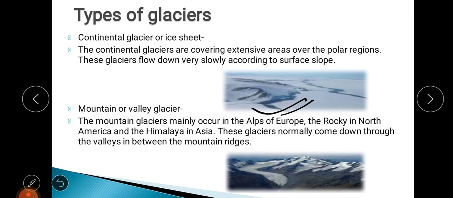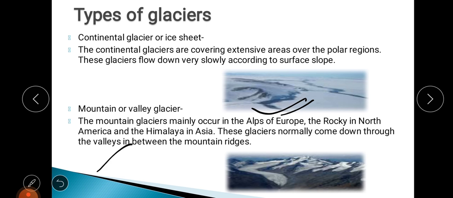Then the next type is your mountain or valley glaciers. Mountain glaciers mainly occur in the mountainous areas, like the Alps of Europe, the Rockies in North America, and the Himalaya in Asia. They are found in high mountainous areas, and these glaciers normally come down to the valleys in between the mountain ridges.